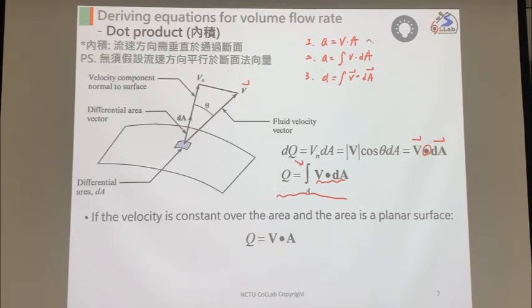Okay, so the first condition is for uniform flow, and this is for non-uniform flow. And the final one means we don't need to consider whether the velocity direction is parallel to the normal vector of the cross-section area, so it is much more general. Okay, this is very important when we discuss the volume flow rate.